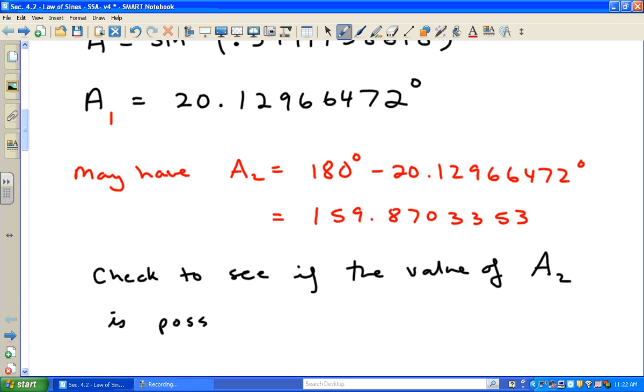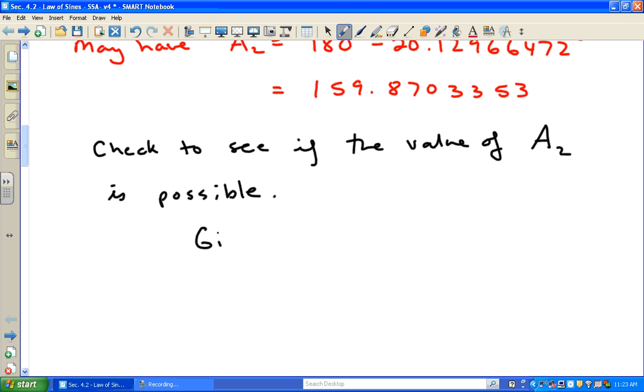And here's the way you do this. There's a possibility that that second value for angle A may be too large. To figure out if it is too large, take the angle that you were originally given. In this particular problem, you were given that angle B was 35 degrees.